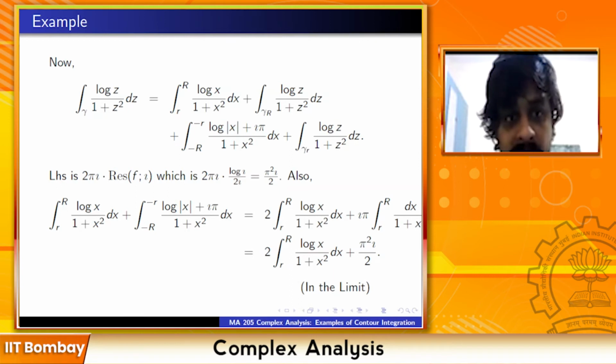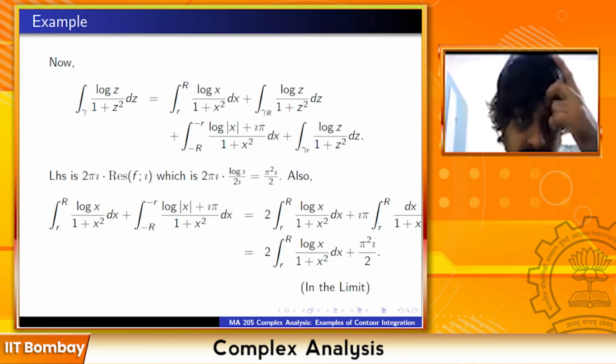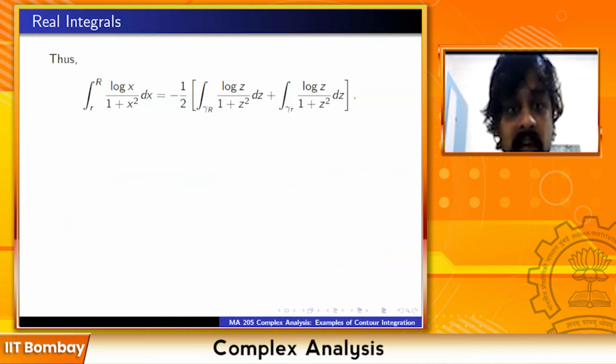So finally what I am left with is that 2 times the integral of log x dx upon 1 plus x square from little r to capital R is equal to minus the sum of those two integrals, the integral along gamma capital R and gamma small r. So bringing the 2 to the other side, I get the integral of log x dx upon 1 plus x square from little r to capital R is minus half times the sum of these two integrals.